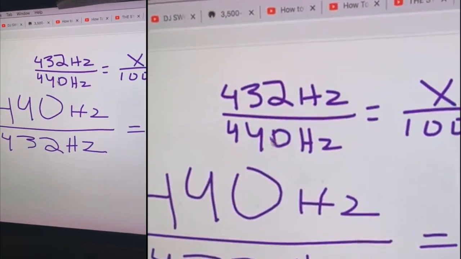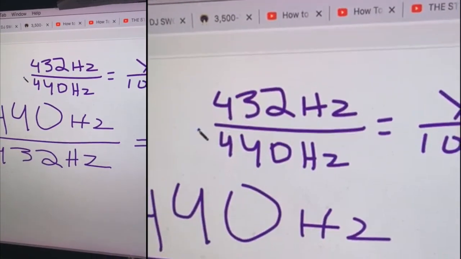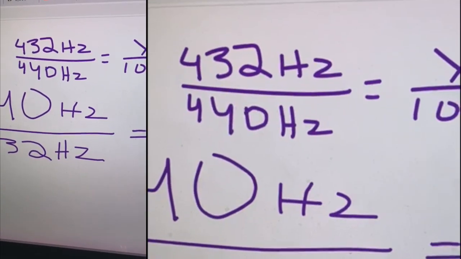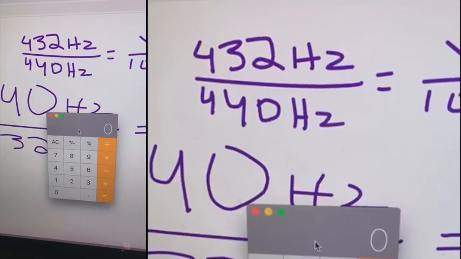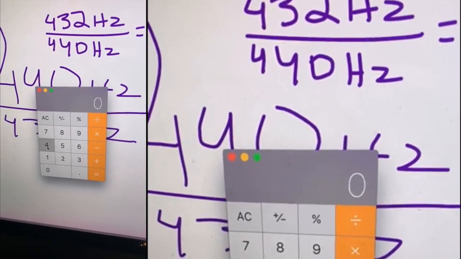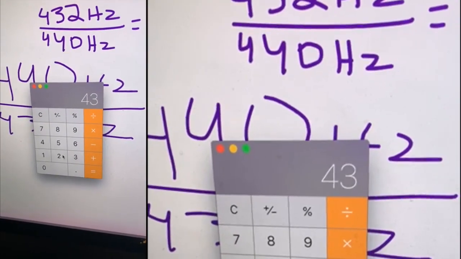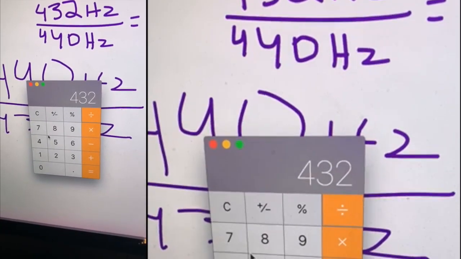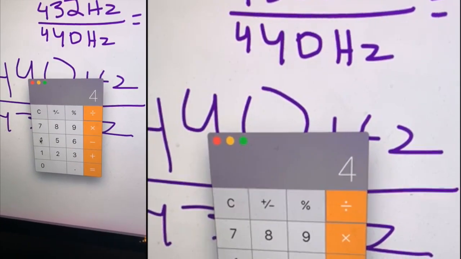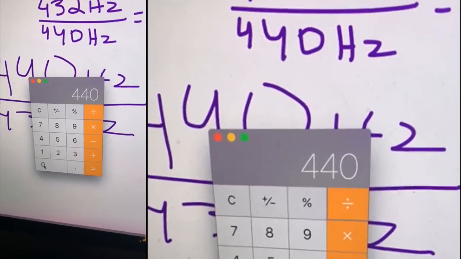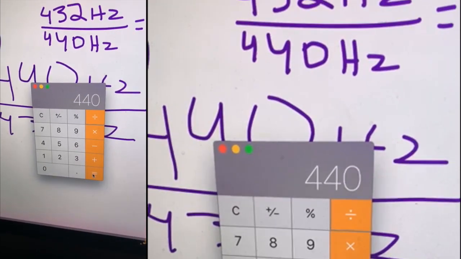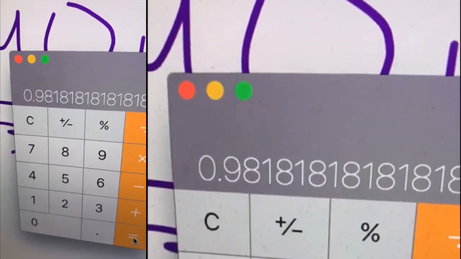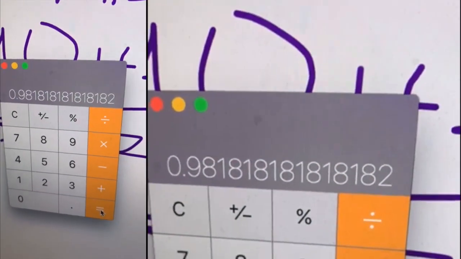So we're going to start with this first one. We're going to take 432 hertz and divide it by 440 hertz. I've got the calculator here. I type 432 divided by 440, and that equals 0.9818181818 forever.